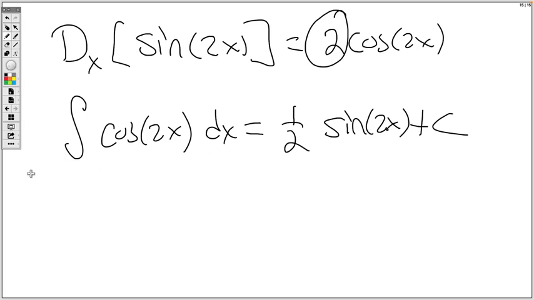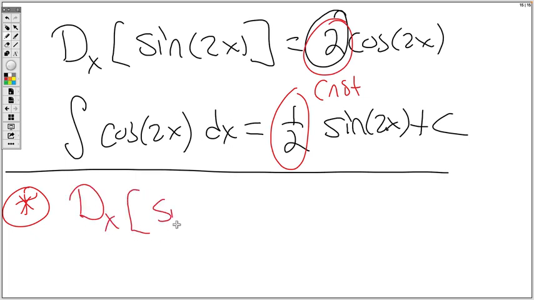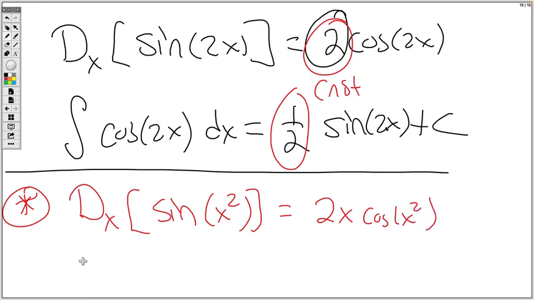Okay. Now, caution. This kind of thing works well with constants. Okay, so these are a constant. The derivative of, say, sine of x squared is what? That would be 2x times cosine of x squared.